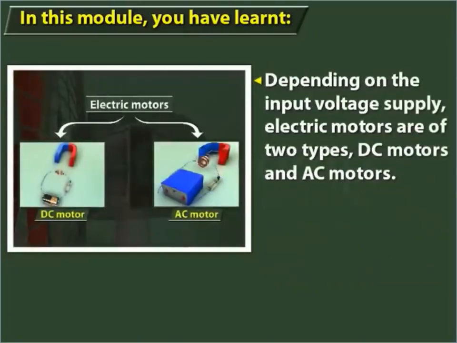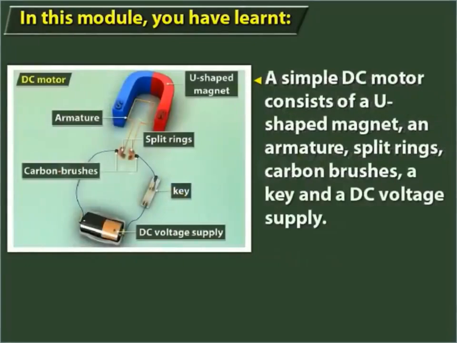Depending on the input voltage supply, electric motors are of two types: DC motors and AC motors. A simple DC motor consists of a U-shaped magnet, an armature, split rings, carbon brushes, a key, and a DC voltage supply.